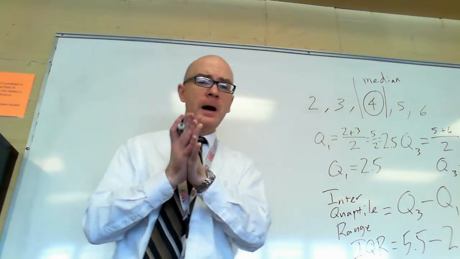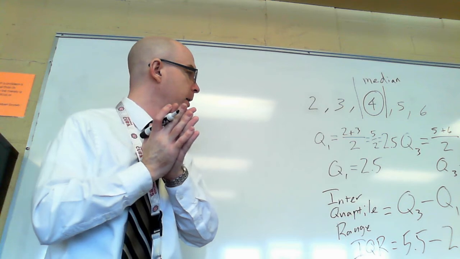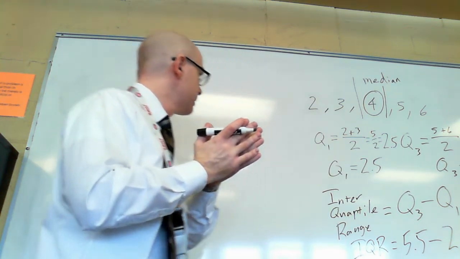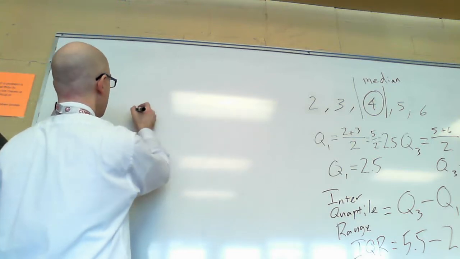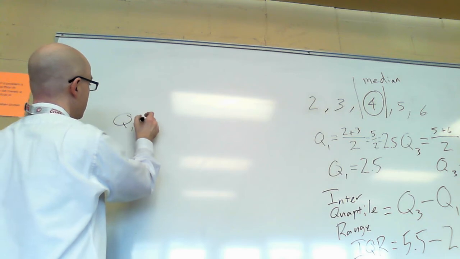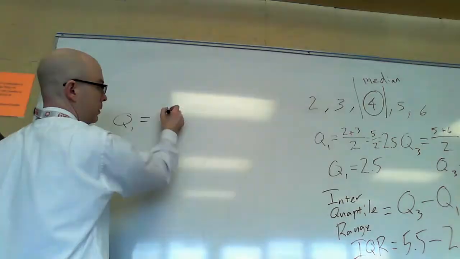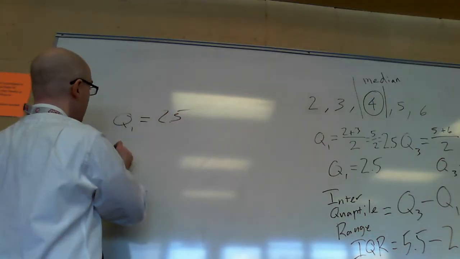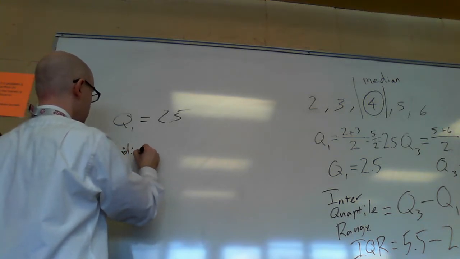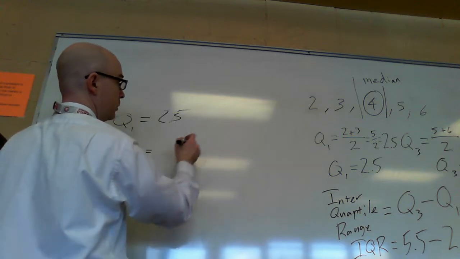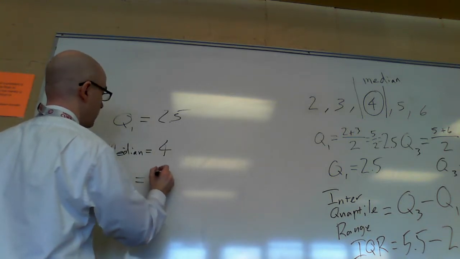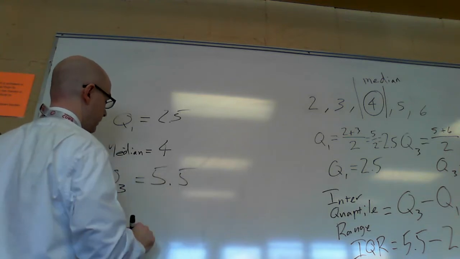So there are 5 very important numbers that will help us determine some important data about this. So I've already got a few of them here. The second one is our first quartile, which we said was 2.5. Then your median is actually number 3 in the list, which we said was 4. Q3 we said would be 5.5.